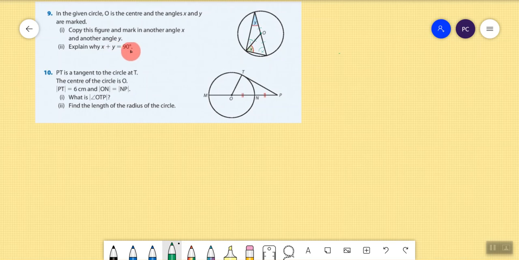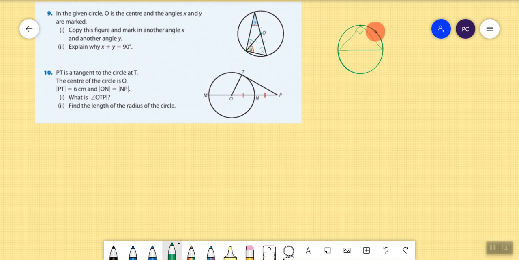Explain why x plus y is equal to 90 degrees. Whenever we have a circle, and let's say we divide that circle in half, so we have two semicircles, wherever I draw a point on that circle and connect it up to the ends of the diameter, that's always going to form a 90-degree angle.